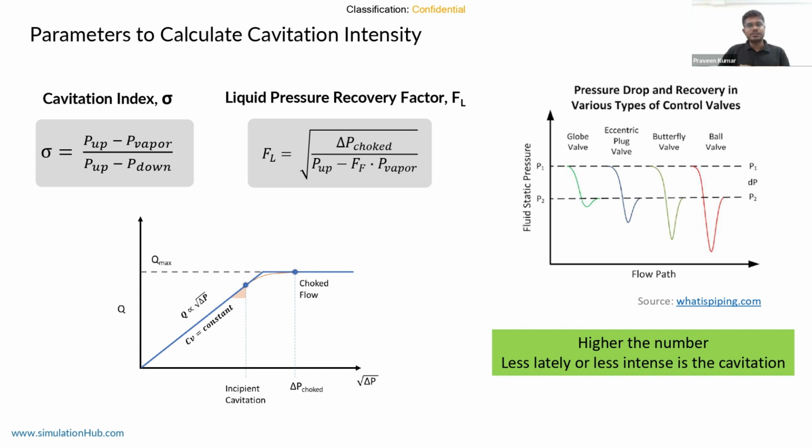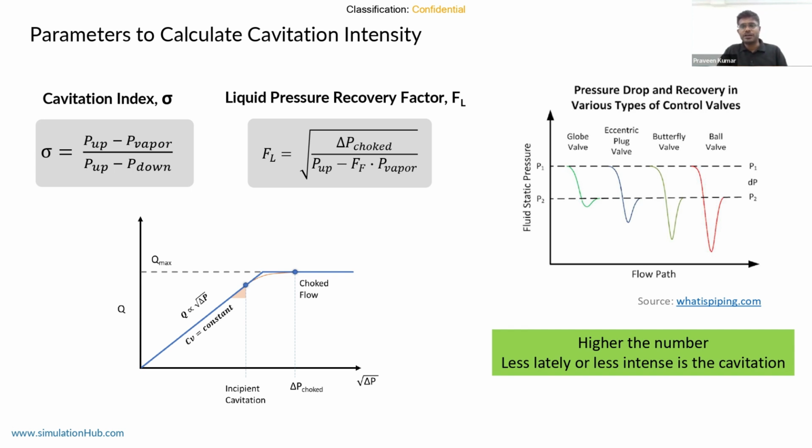In both cases, let's say you calculate the FL and cavitation index, but how do you know what is good or bad? You can say that the higher the cavitation index or the higher the FL, the lower the chances or intensity of cavitation will be. When you have a higher FL, the recovery is not so good, and that is better for cavitation.